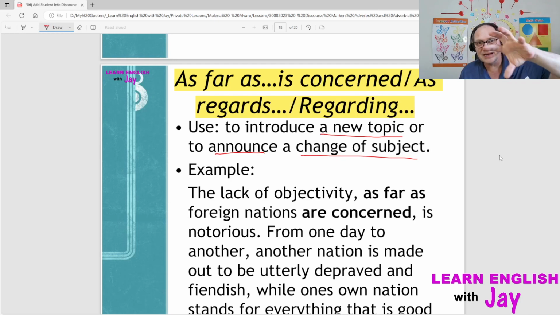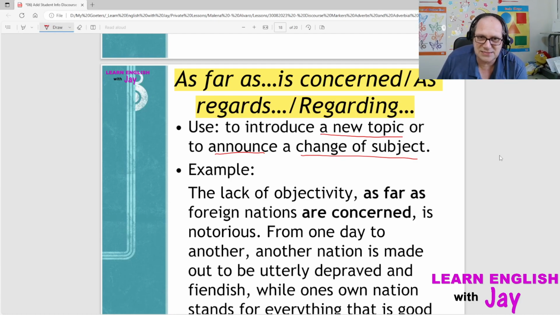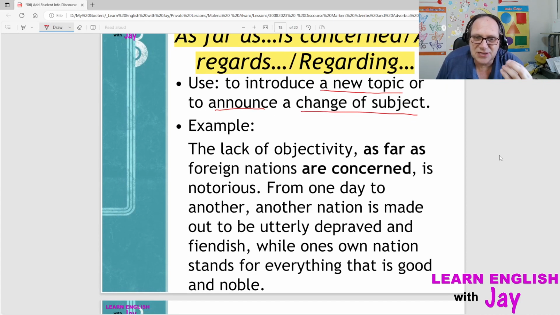All right, so if you've made your first argument, your four arguments, and now you want to make a negative argument, you can use "and regarding this" or "as regards to that," so you can change it around a little bit. For example: the lack of objectivity as far as foreign nations are concerned is notorious.